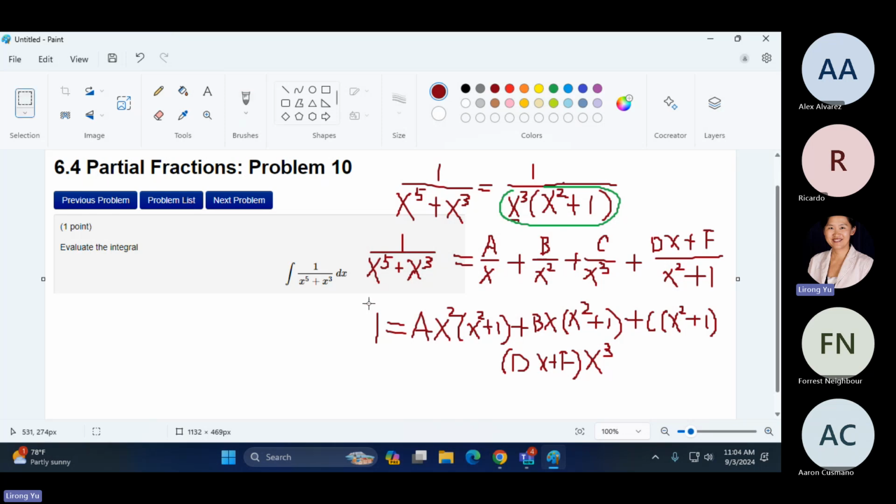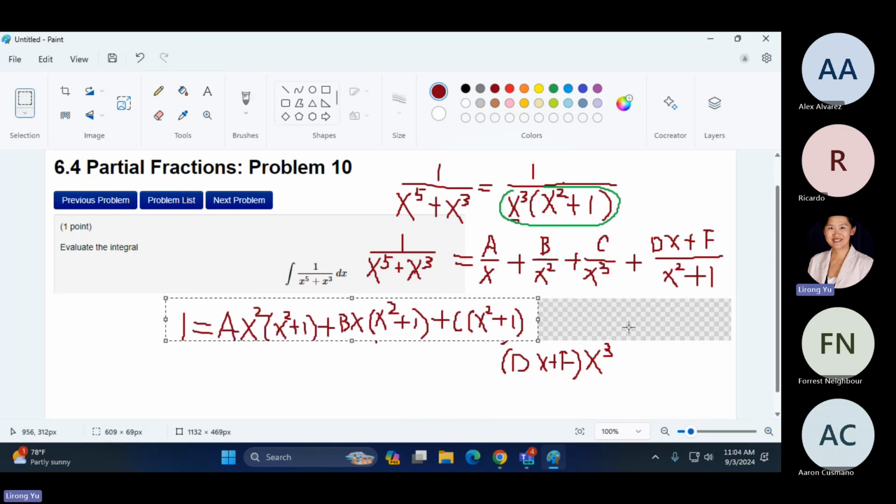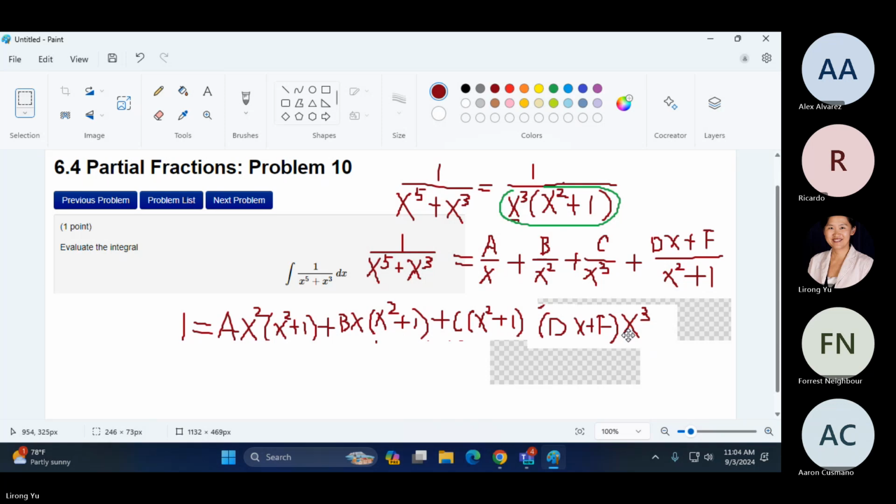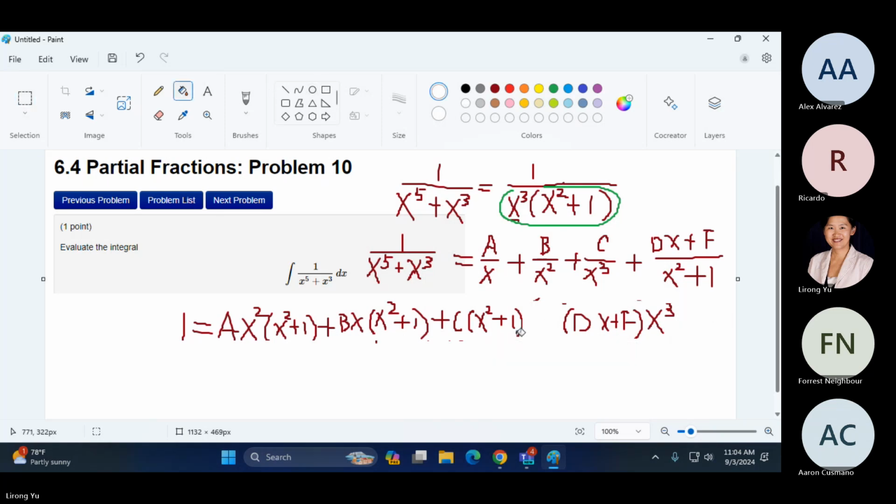Let me rearrange things so the equation is not broken into 2 separate lines. Okay, it looks a little bit better. We have the plus, so they're all in the same line. So number 1, let's make x equal to 0.